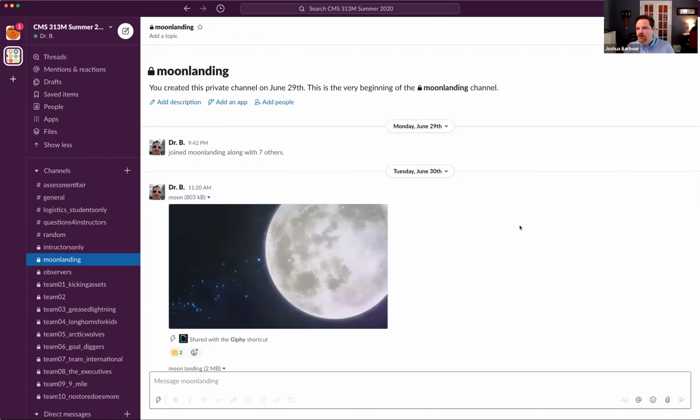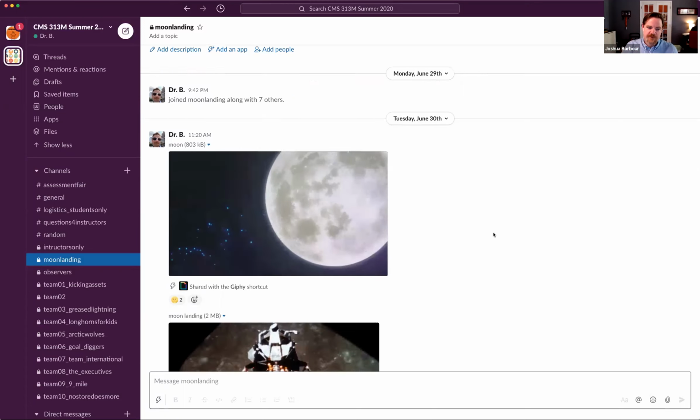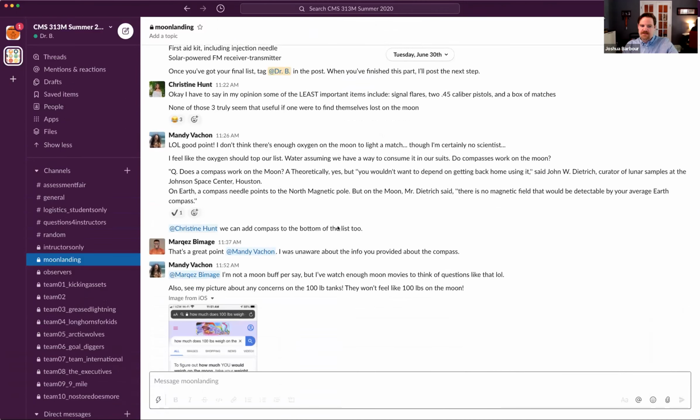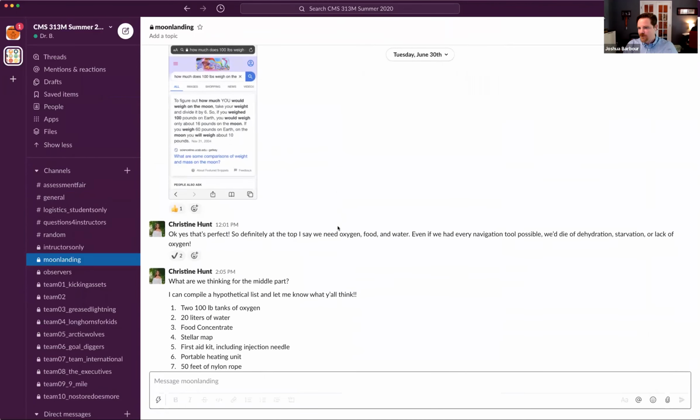This moon landing one is one that I would assign along with a unit on small group decision making, and they would receive a first prompt that would ask them to do a task as a group, some activity together. They go through and they're discussing with each other and sharing information.